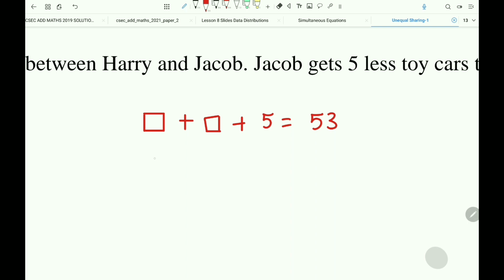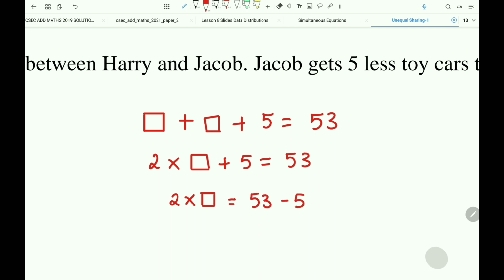And now we can figure out what box is equal to. So box plus box is 2 times box, plus 5 would be 53, which means that 2 times box would be 53 minus 5, which is equal to 48.